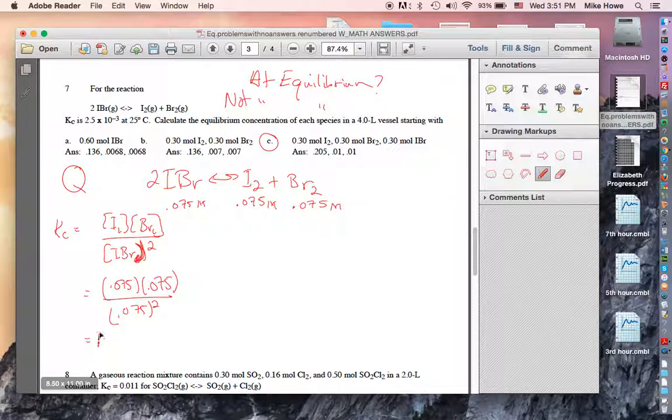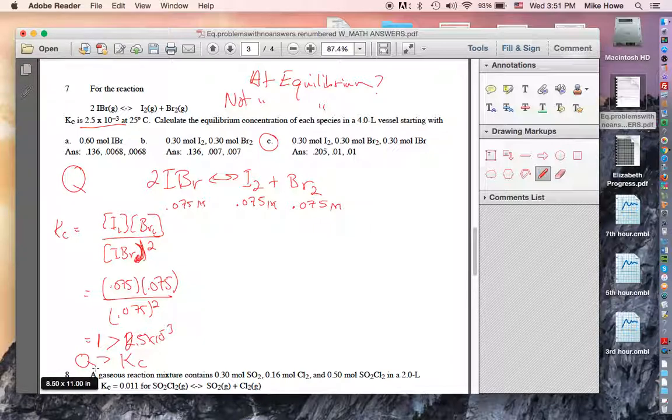In the problem, it tells us that the equilibrium constant is 2.5 times 10 to the negative third. How does 1 compare to 2.5 times 10 to the negative third? Well, 1 is greater than 2.5 times 10 to the negative third, or you could say that Q is greater than Kc.